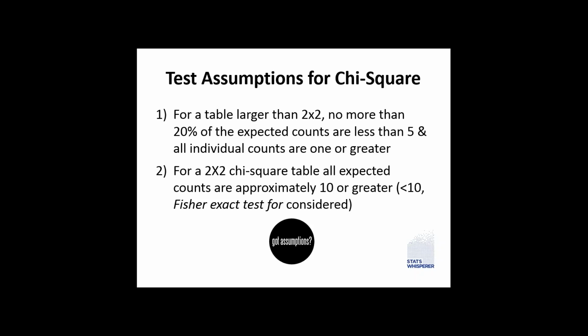And if you have a 2 by 2 table, they'd like approximately 10 people in each cell. So that's 4 cells if it's 2 by 2, so that's 40 people. In a qualitative study, that's a good amount of people to have, right? If you have less than that amount, you could consider the Fisher exact test, which is better suited for a smaller amount of study participants.